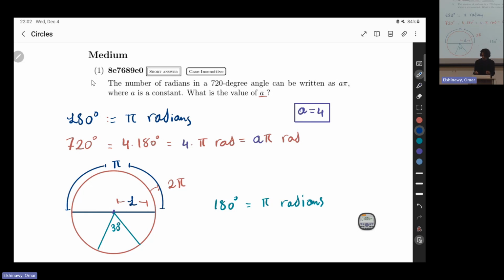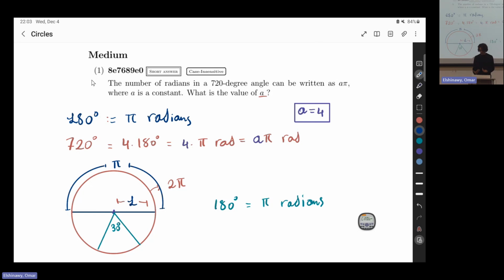And 180 degrees is the angle such that if you are in the unit circle, like we are here, you would get the outer fence, the length of the arc, you could say, to be equal to pi. So it's the angle that makes the arc equal to pi. This is what this 180 degrees is. This is how it's defined.